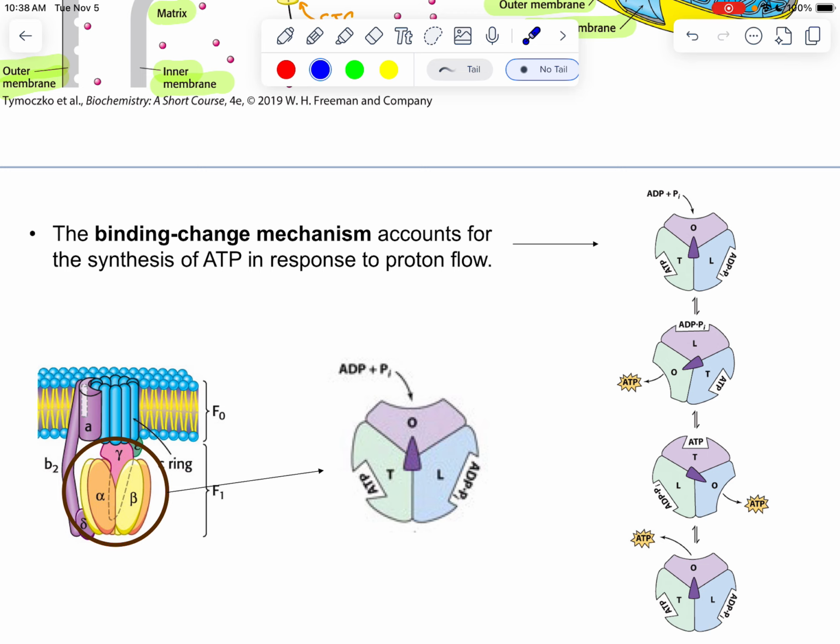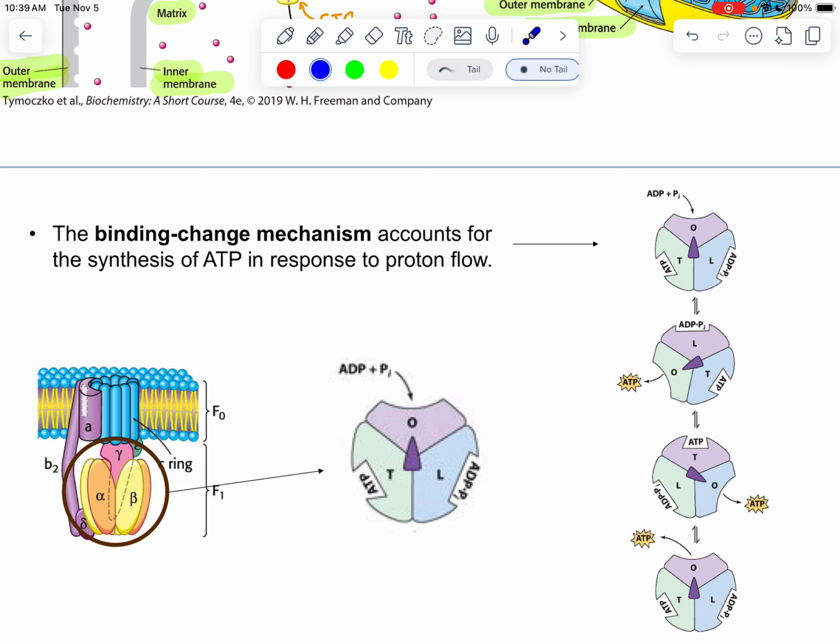We're going to talk about what we call the binding change mechanism. It accounts for the synthesis of ATP in response to the proton flow. And so what we're going to see is that the spinning action causes a conformation change, and this binding change mechanism describes for us how that active site works.